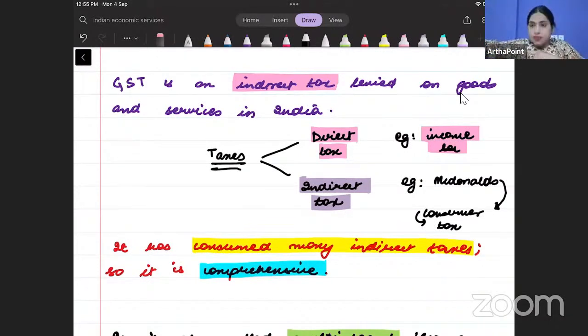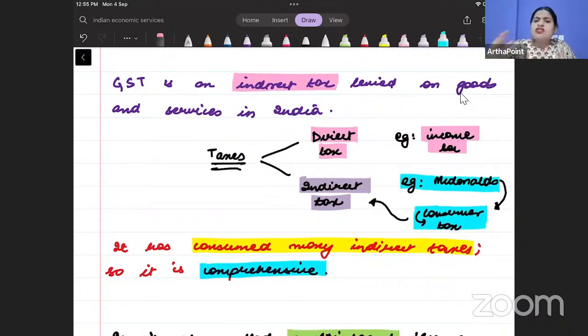McDonald's is paying it to the government, right? So you are indirectly paying tax to the government, not directly. आपने जाके हर बर्गर पे जो अमाउंट है वो जाके गवर्नमेंट को नहीं पे कर दिया कि ओके टेक दिस टैक्स. You paid it to the producer and producer paid it to the government. आपने प्रोड्यूसर को दिया, प्रोड्यूसर ने गवर्नमेंट को दिया. So this becomes an indirect tax system.